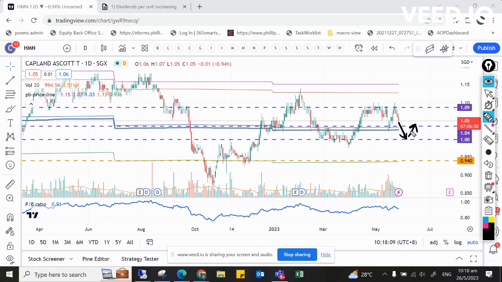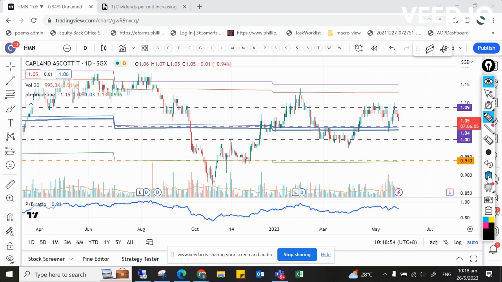Scenario 2, price could move down to $1 and then go to 94 cents. Scenario 3, the price could break above $1.09. And scenario 4, the price could break all the way below 94 cents.